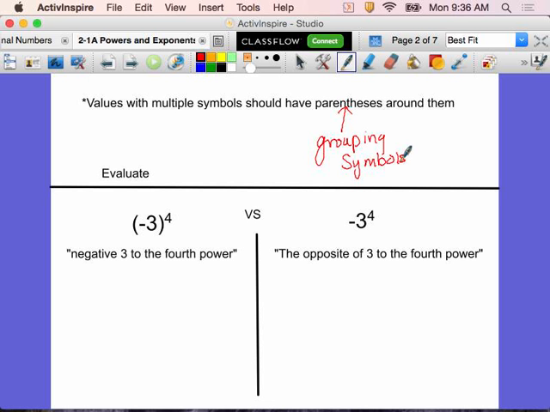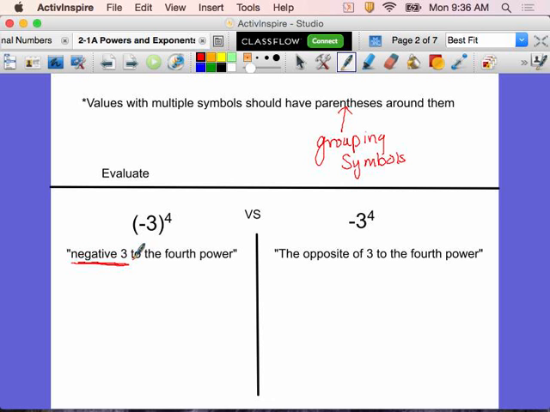For example, we've got two different things here. They look very similar, and they often get mixed up, but they make a big difference. If I read this one, I read the group first. So -3, there's your group, to the 4th power.